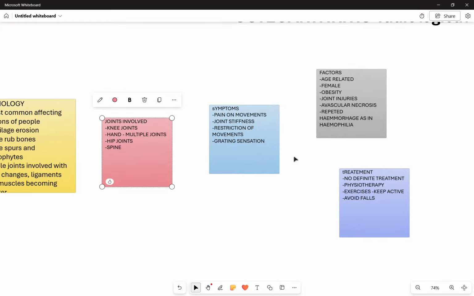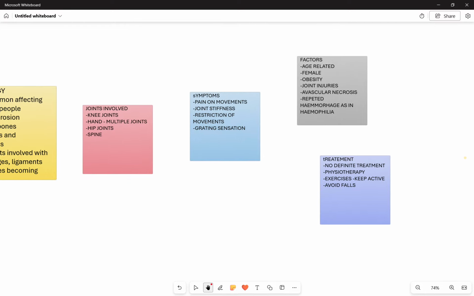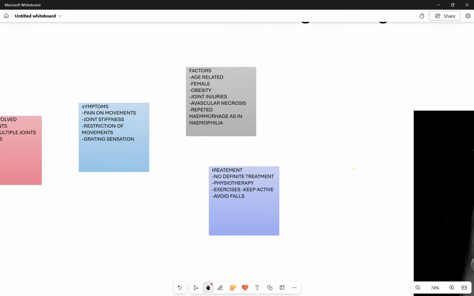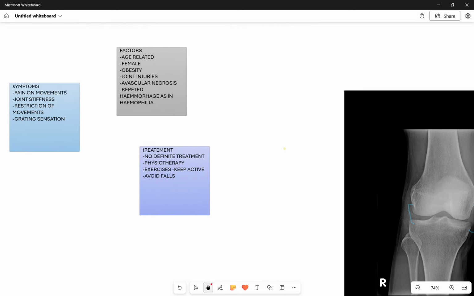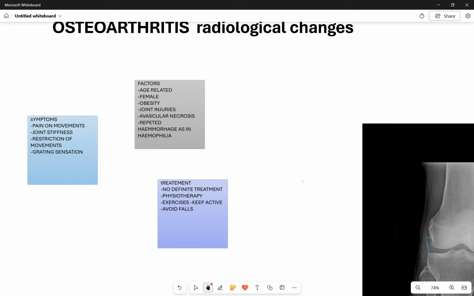Now, what is the treatment? There is no cure and no definite treatment for osteoarthritis. Usually, physical therapy, exercises, keeping oneself active, avoiding falls, maybe some medication to relieve pain, and changing the lifestyle will help to slow down the progress and maintain useful function of the joints.